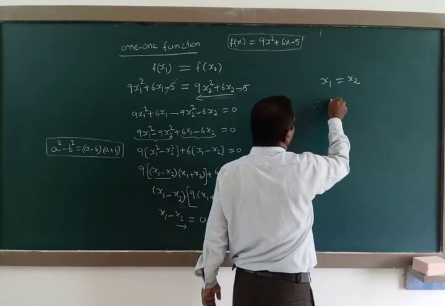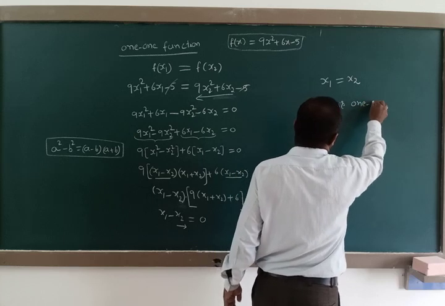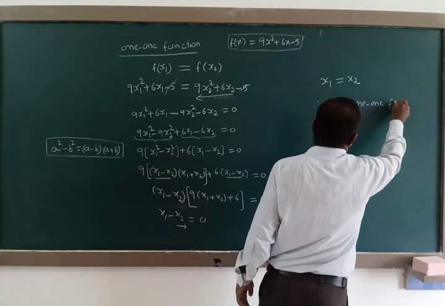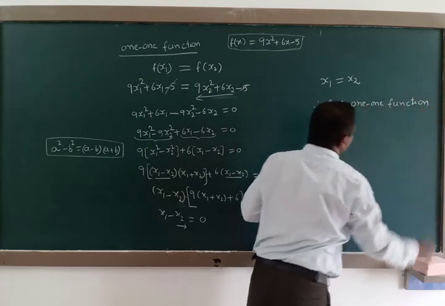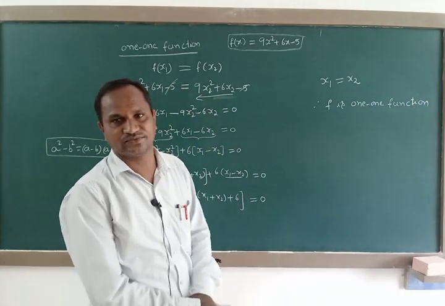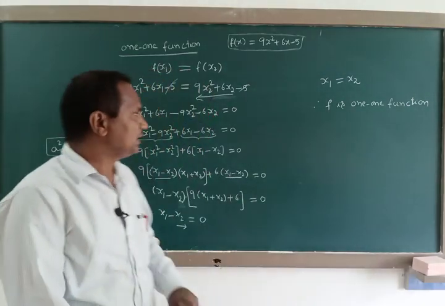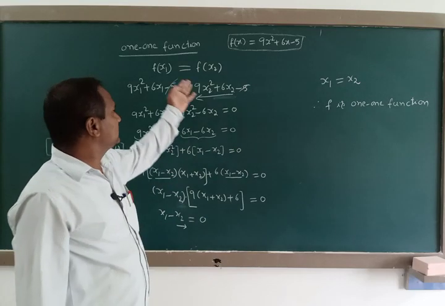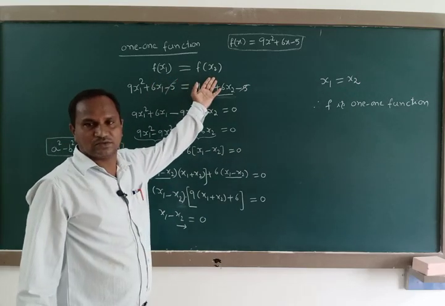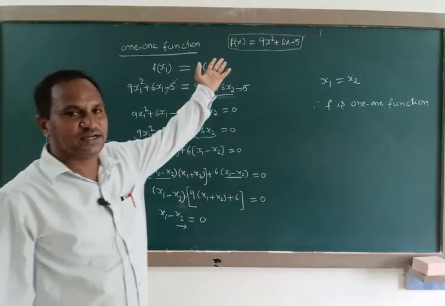Therefore, we can write that f is a one-one function, or we can also say an injective function. Like that, we are giving a proof for a one-one function. We considered f of x1 is equal to f of x2. In place of f of x1 and f of x2, we substituted the given function.